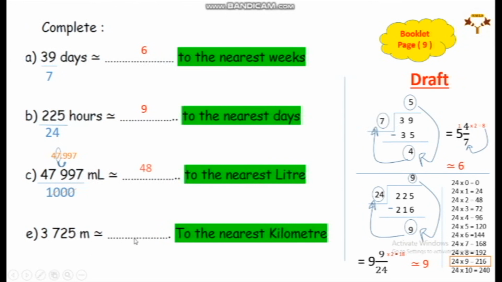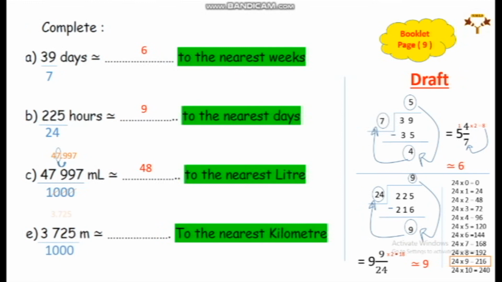3,725 meters approximately to what? To the nearest kilometer. So I have to figure out how many meters are there in 1 kilometer. Remember, we have 1,000 meters inside 1 kilometer. So I have to divide it by 1,000. When we divide it by 1,000, the decimal point will enter after 3 decimal places from the right hand side.